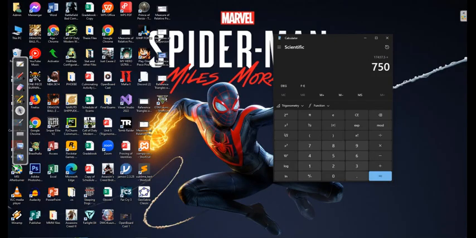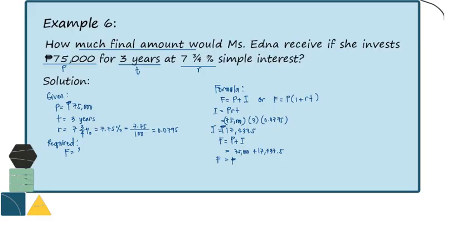So how much is that? That is 92,437.5 pesos. So meaning, the final amount for the invested money of Miss Edna is 92,437.5. That already includes the interest and the principal.